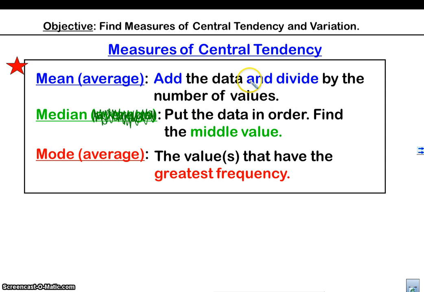The median is the middle number, the middle value of your data. So you put the data in order, and then divide by 2 to find out what the middle number is. And the mode is the most frequent one.